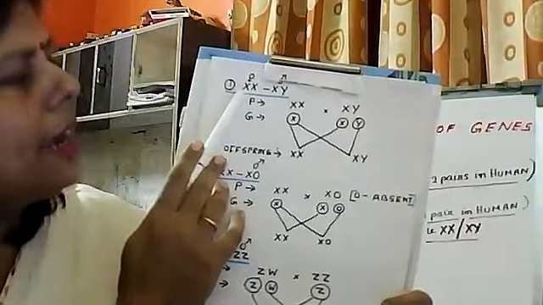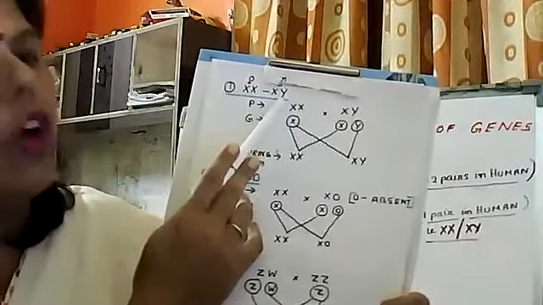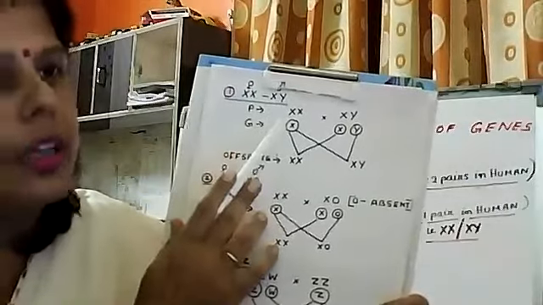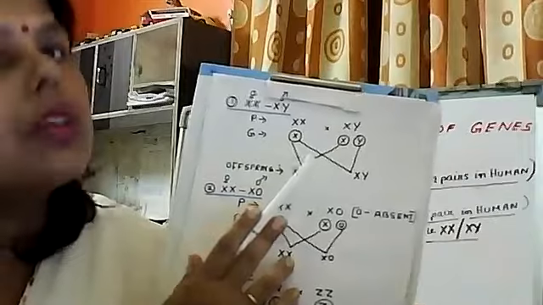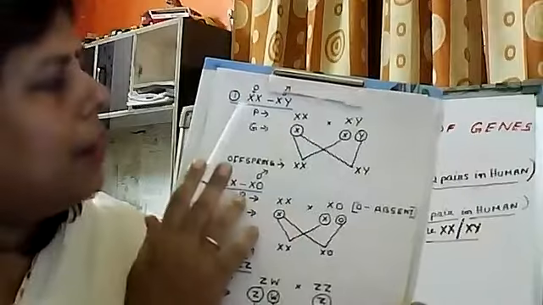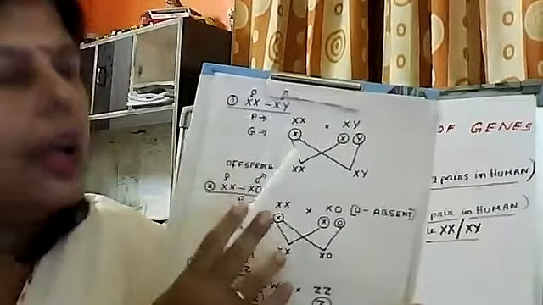The first one, XX, is for the female, and XY is for the male. The example for this type is mostly human, and some other examples are there. You can go through them in your books. Sometimes you are asked to write only the examples, so you have to learn all the examples.